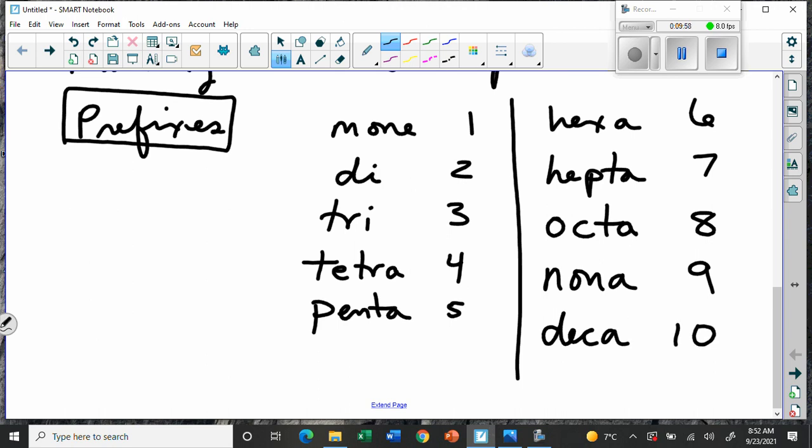These prefixes are probably more than enough for us to be able to name all of the possible combinations that we will see. There may be some situations where you have to use even higher prefixes, but we don't usually see that all that often. Most of the atoms that get together, it's usually 10 or less.